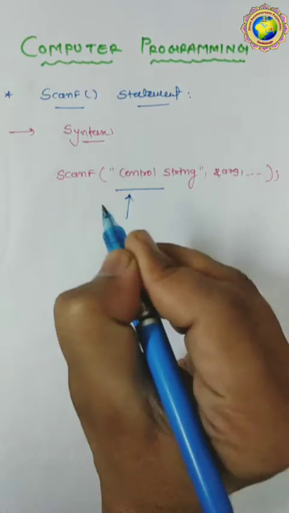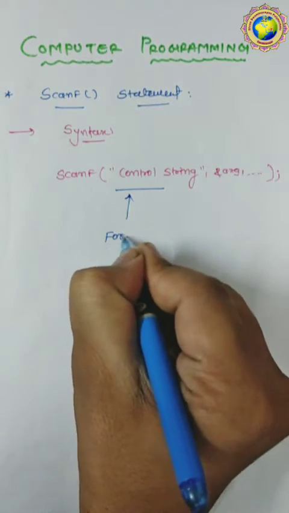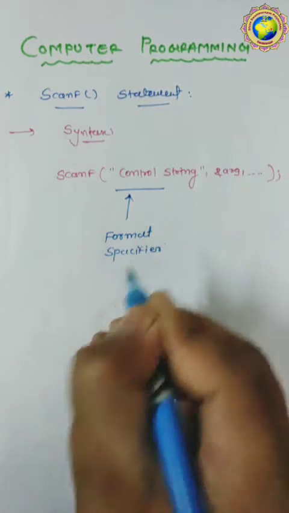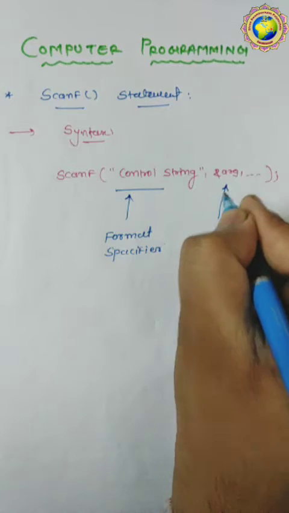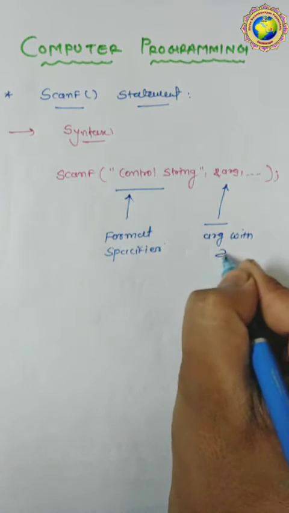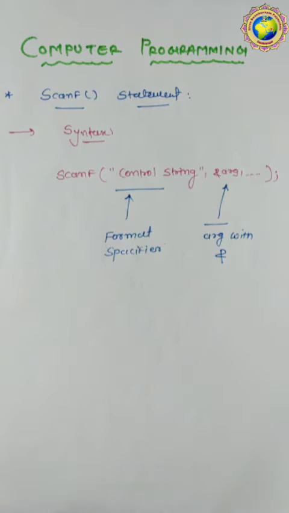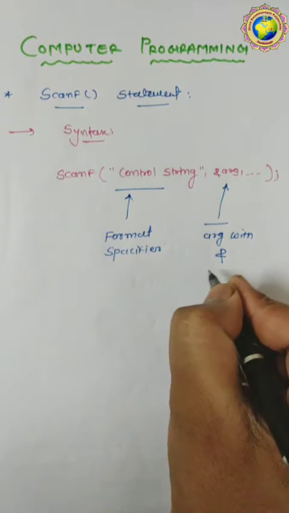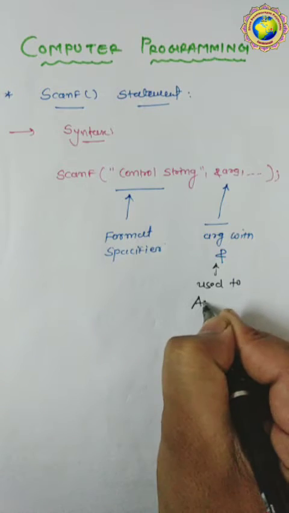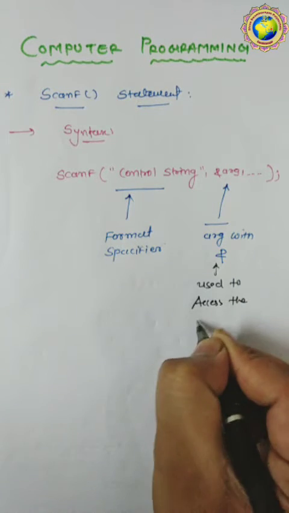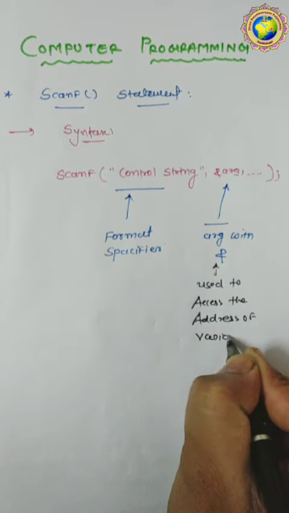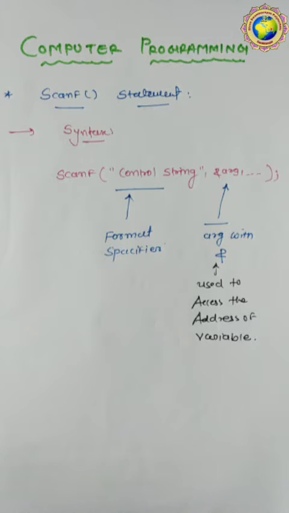In the control string you have to write a format specifier, and here you write the argument with an ampersand. Why? Because the ampersand is used to access the address of a variable.